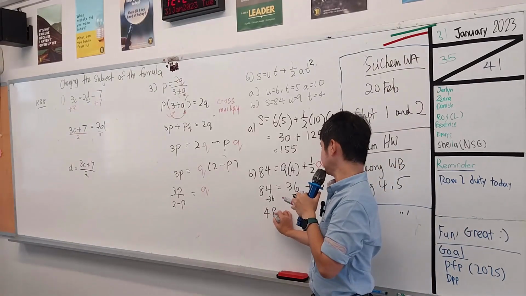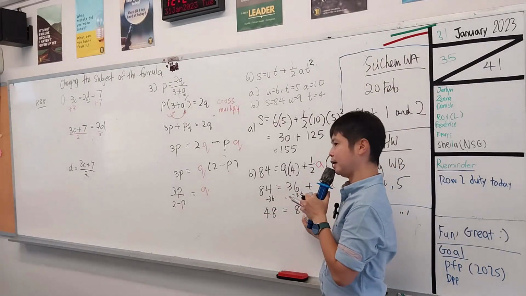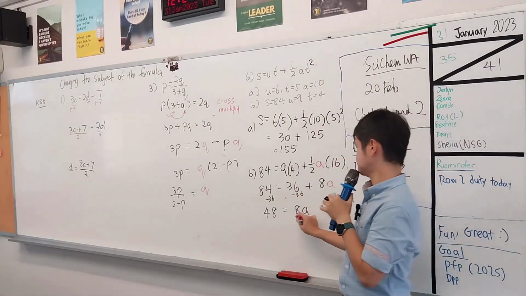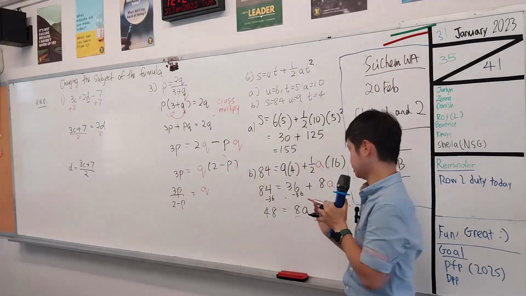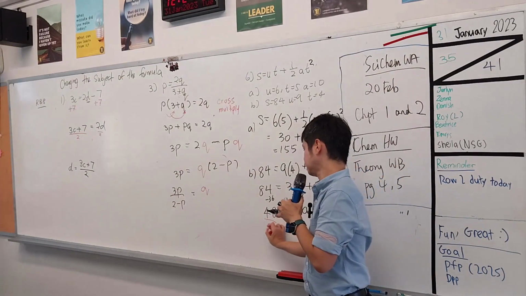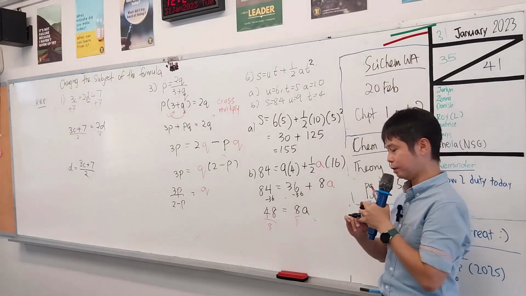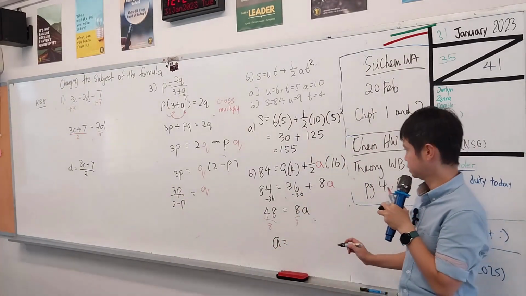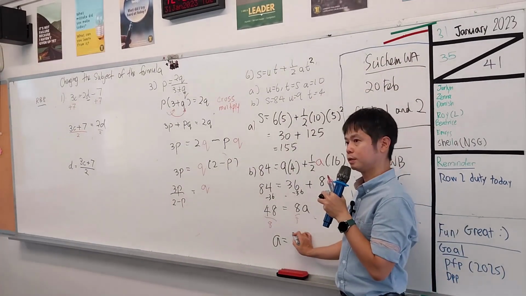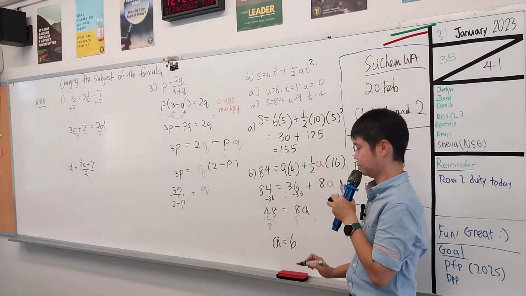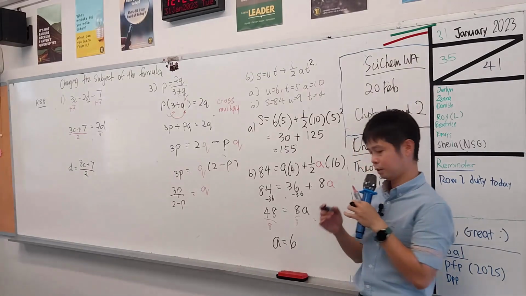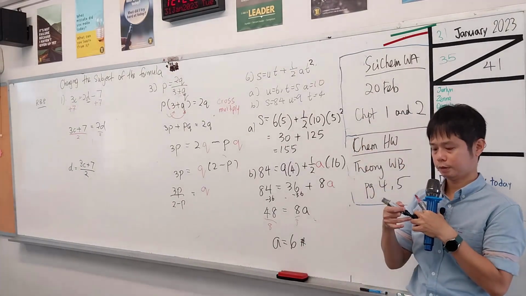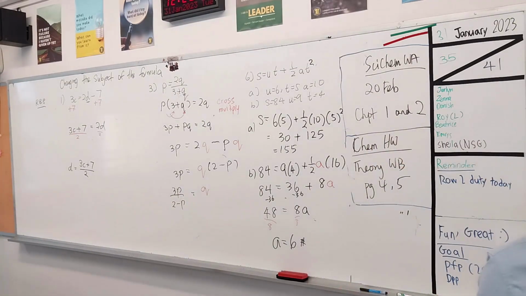Okay, so 48 equals to 8A. So how do I get rid of the 8? I divide by 8. And the final answer, A equals to 6. Okay, that's all.